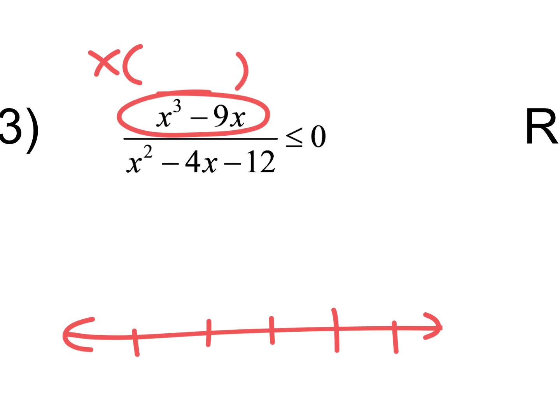When you take the x out, that's in both of them, that's called GCF, then it's x squared minus 9. And that makes it go, oh yeah, and then I can factor it again. That's how you start.